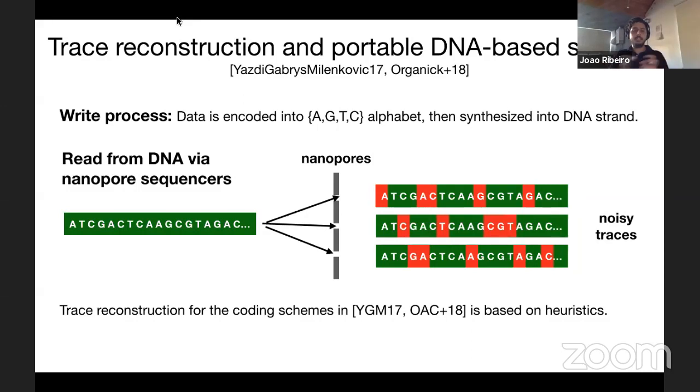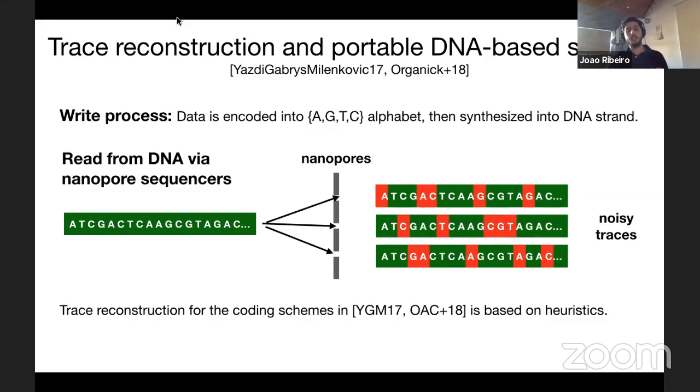Of course, there are working systems that use this. So there are coding schemes that can be reconstructed from few traces. The problem there is that these coding schemes really are only based on heuristics. So you really have no mathematical guarantees that indeed they work or how many traces they require when you scale them up, because this was all done only for fixed block lengths.